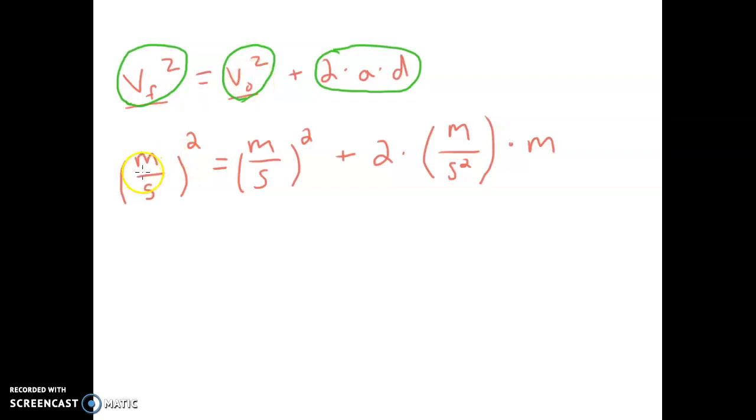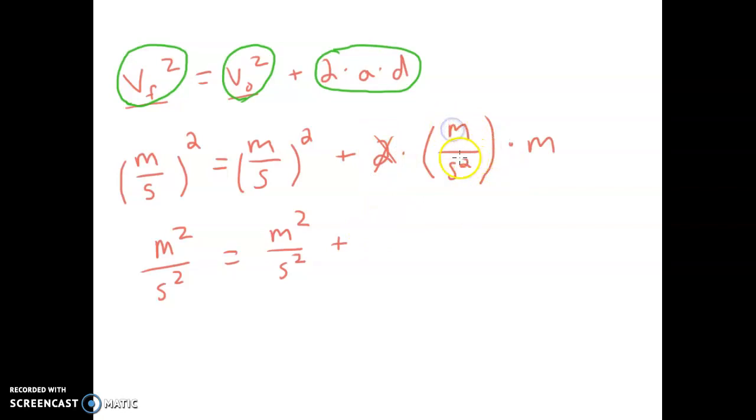If I have a meter per second and I square the whole thing, that becomes meters squared per second squared. That's the same over here, meters squared per second squared. So far, so good. Now we just have this last term, and let's make sure it matches. Well, 2 doesn't have any units, so if we're just trying to match units, this is unitless and I can drop that out.